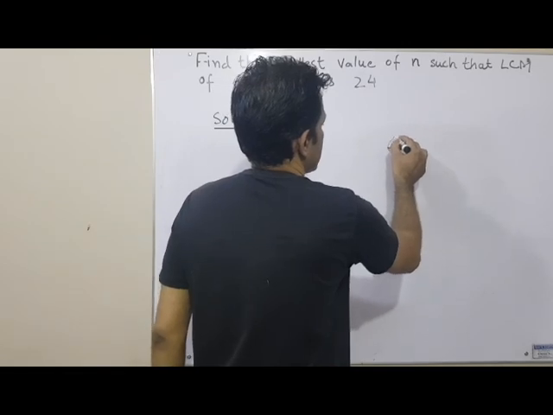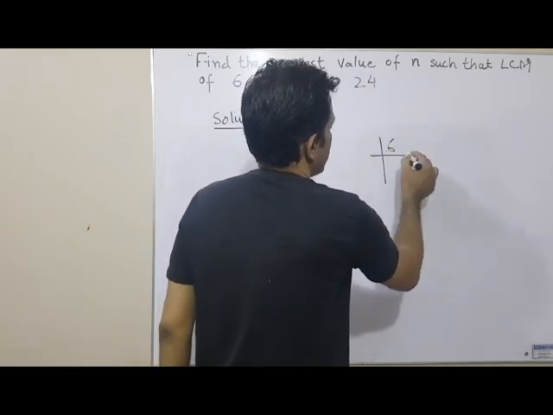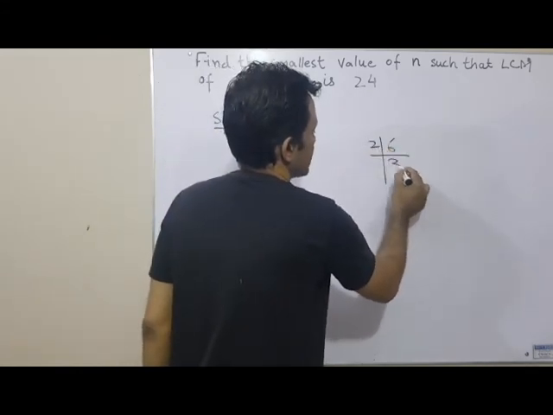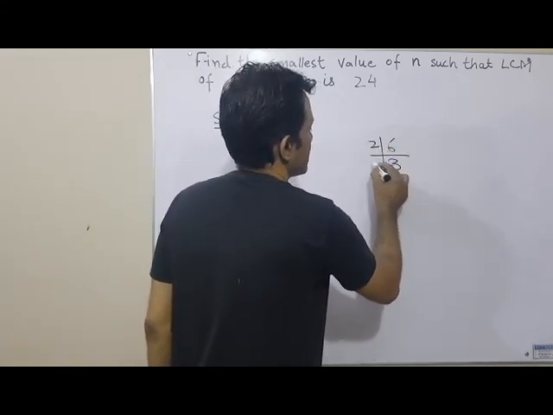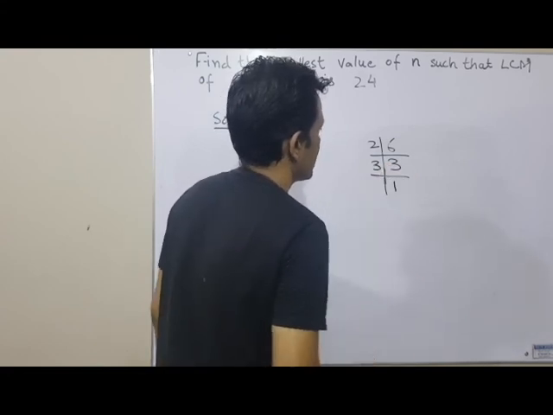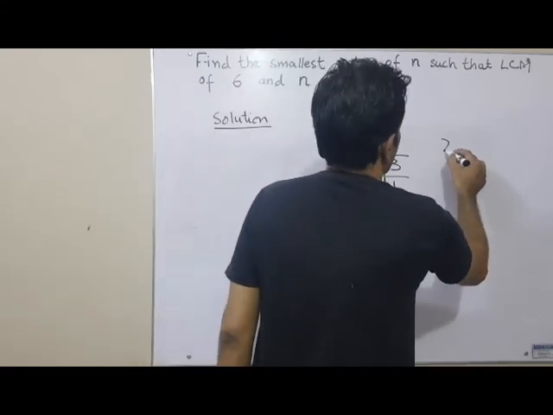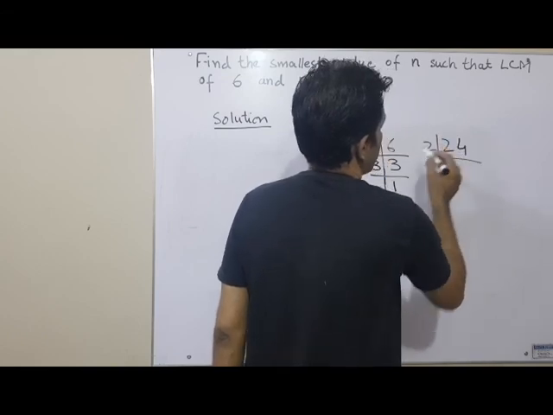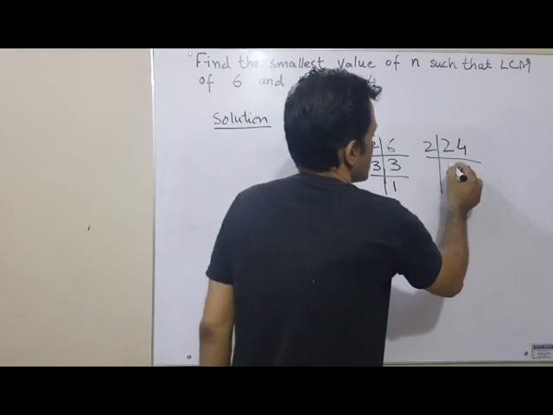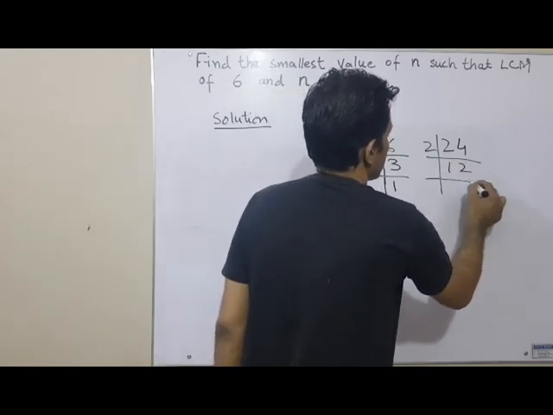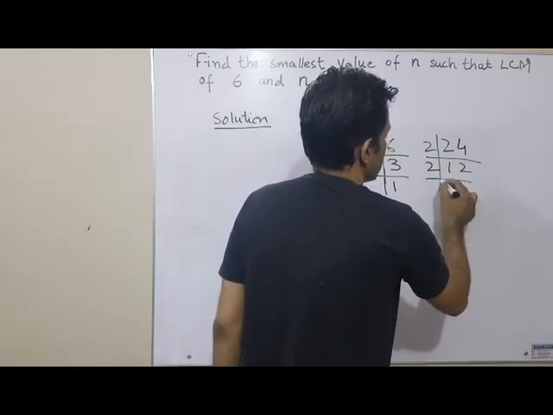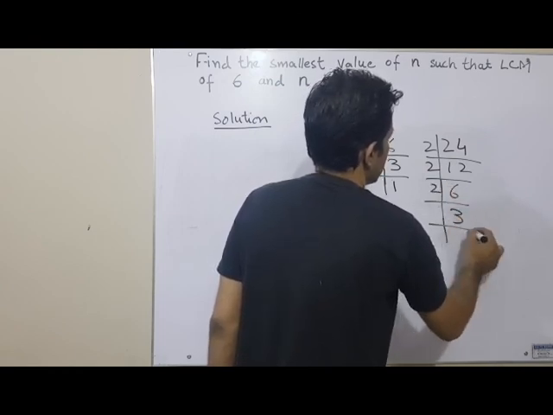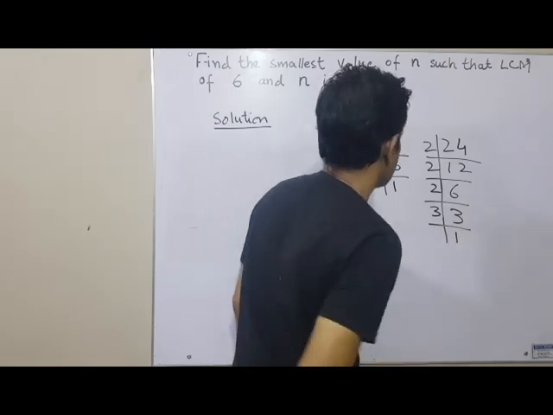Prime factors of 6: we divide by the smallest possible prime number. 2 3s are 6, and 3 1s are 3. And the prime factors of 24: we divide 24 by the smallest possible prime number, which is 2. 2 12s are 24, 2 6s are 12, 2 3s are 6, and 3 1s are 3.